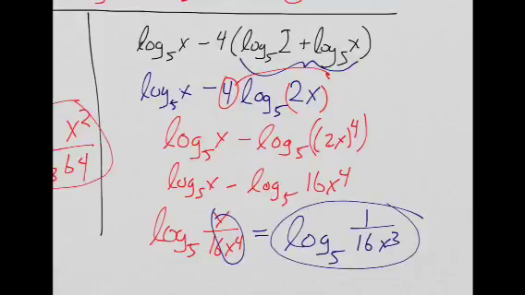And like on that example I did with expanding, I could have at this point said, hey, I've got a log of x and a log of x, so I could combine like terms before I do all this mess. Either way it works. But this is basically what we do.